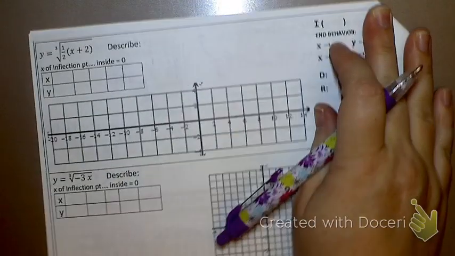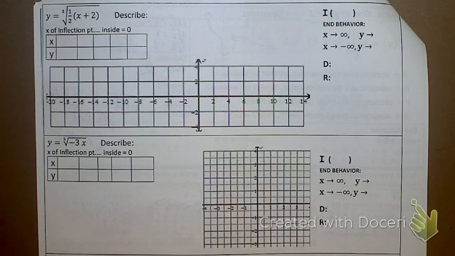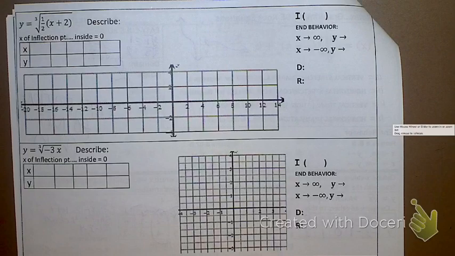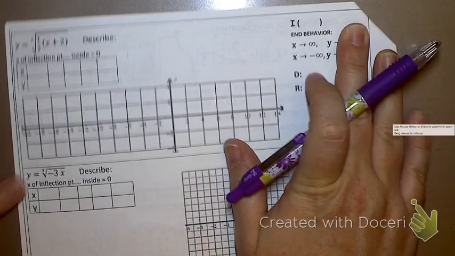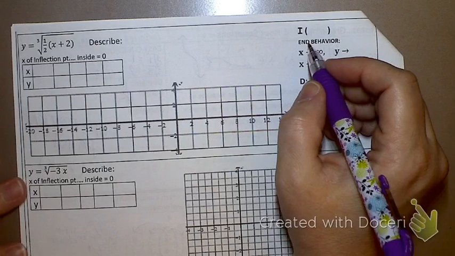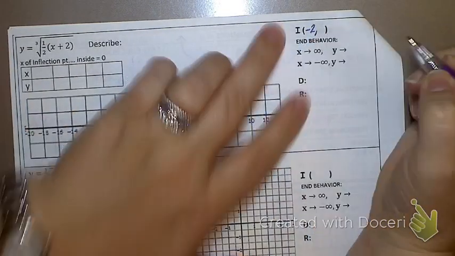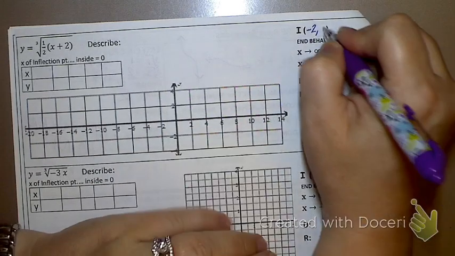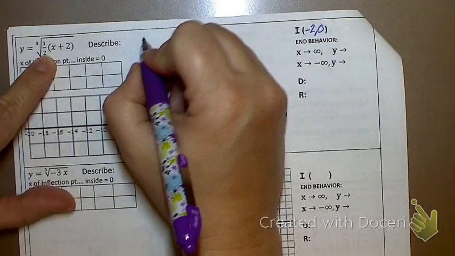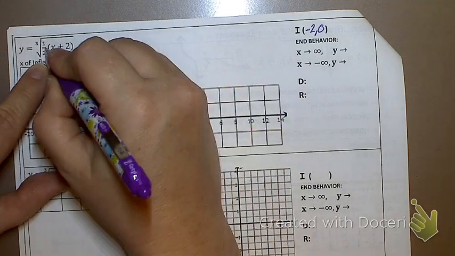All right, I want you to try these two. I think you have enough now that I want to give you a minute for you to try these two. All right, what's my inflection point here? -2, comma what? 0. Let's talk about our description. What have I got? What is this number representing?